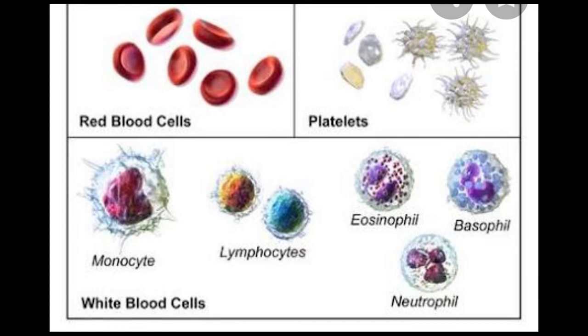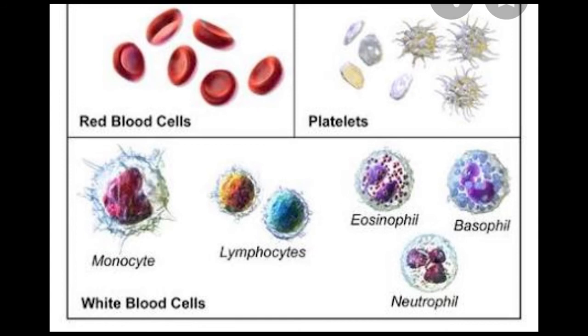This plasma maintains blood flow, and not only that, it also helps in digestion, excretion, etc. Besides water, some solid particles are also present in blood, and all of them are microscopic. That means they are not visible to the naked eye.